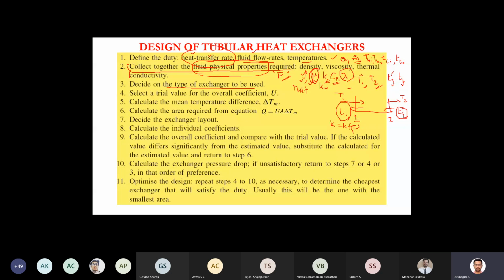If you use any refrigerants, then you have to take a refrigerant data book: at what temperature and pressure, what are the enthalpy, latent heat and entropy values. Many things you can take from these tables. Then you can find out the type of exchanger to be used, shell and tube, double pipe, or plate heat exchanger.